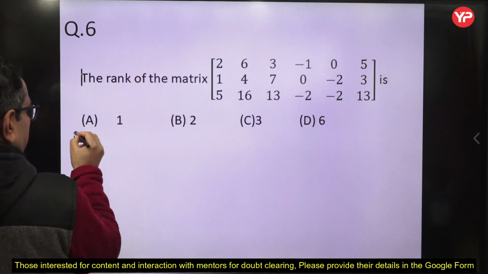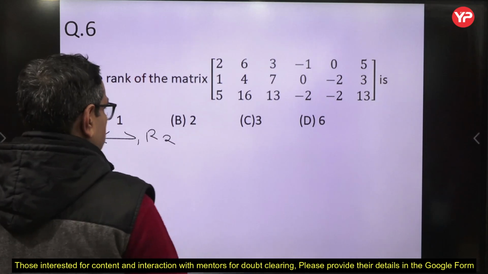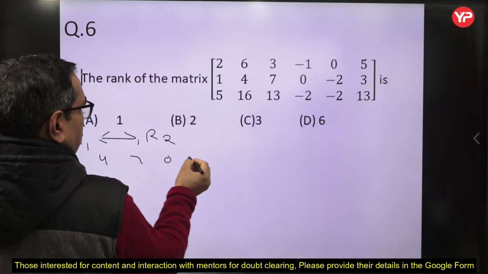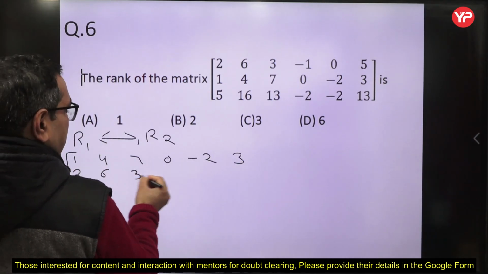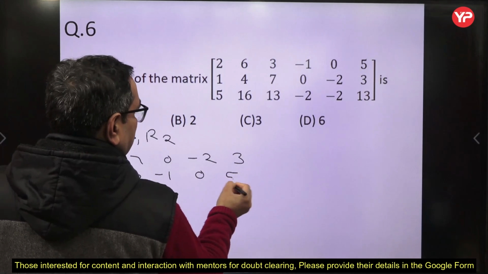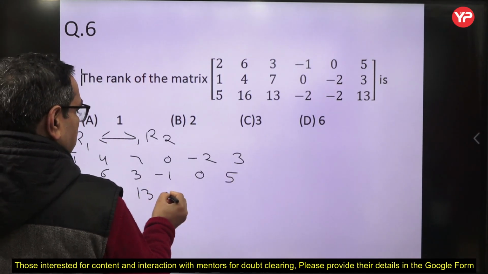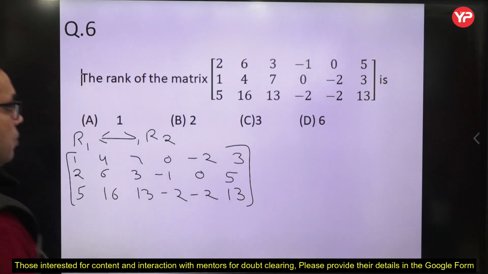Let us apply R1 and R2 interchange. The first step is this one: 1, 4, 7, 0, minus 2, 3, then 2, 6, 3, minus 1, 0, 5, and 5, 16, 13, minus 2, 13.